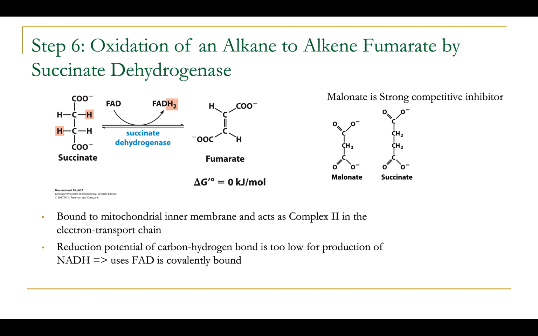The purpose of these steps, in essence, is to oxidize one of the methylene carbons within the succinate into a carbonyl carbon, and this is achieved in three steps. In the first step, the succinate is dehydrogenated to derive the unsaturated compound fumarate.